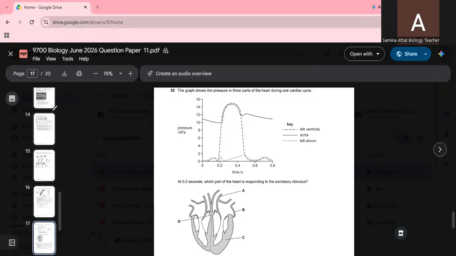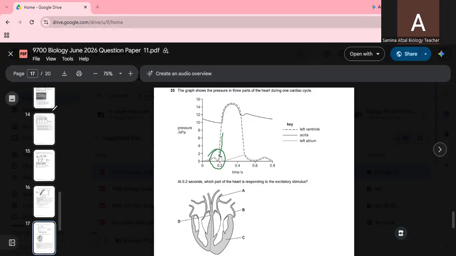So at 0.2, which part of the heart is responding to the excitatory stimulus? So at 0.2 seconds, the graph shows a sharp increase. You can see this is a sharp increase in left ventricular pressure, marking the beginning of ventricular systole.